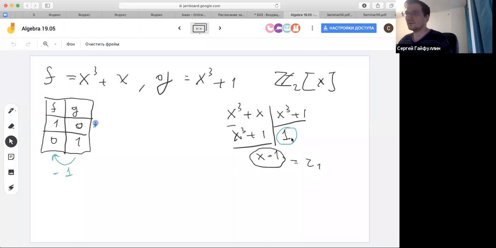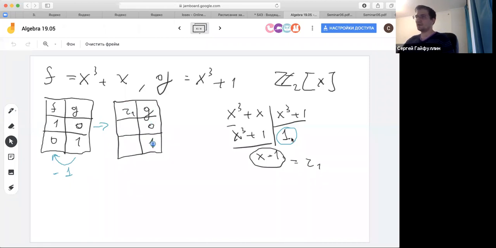So now I have G here, R1 here, 0, 1 here, and here is 1 and minus 1 here.